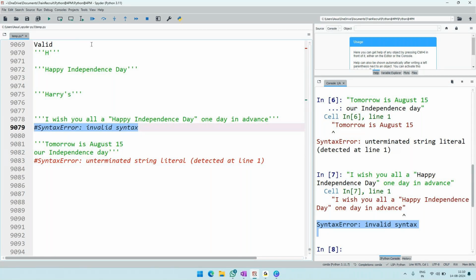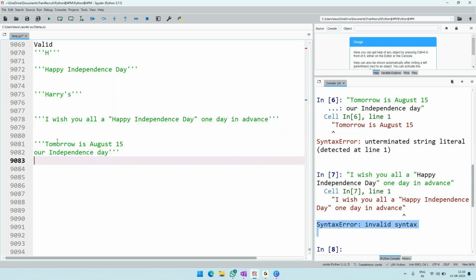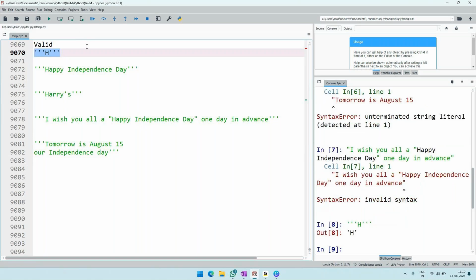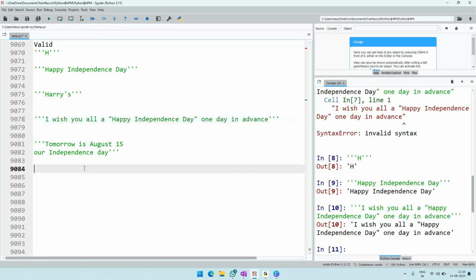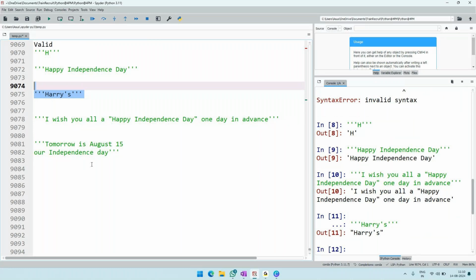There is no way we are going to have anything wrong. So Harry is also valid.